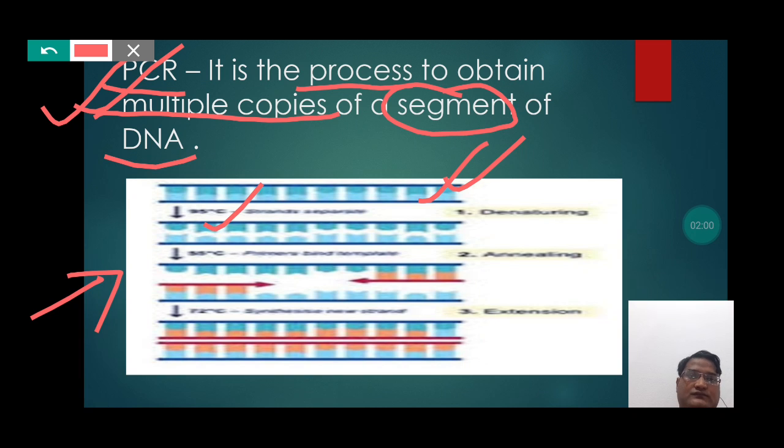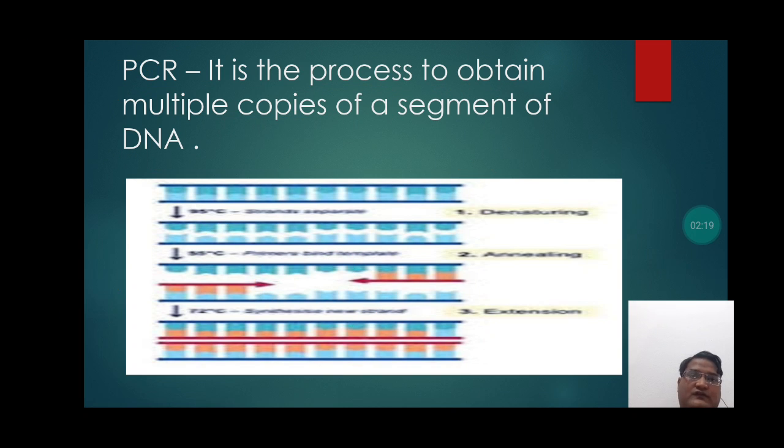Thereafter, a small part of the DNA is removed, and finally a huge number of copies of this removed segment of DNA is made, and these processes collectively are called PCR.